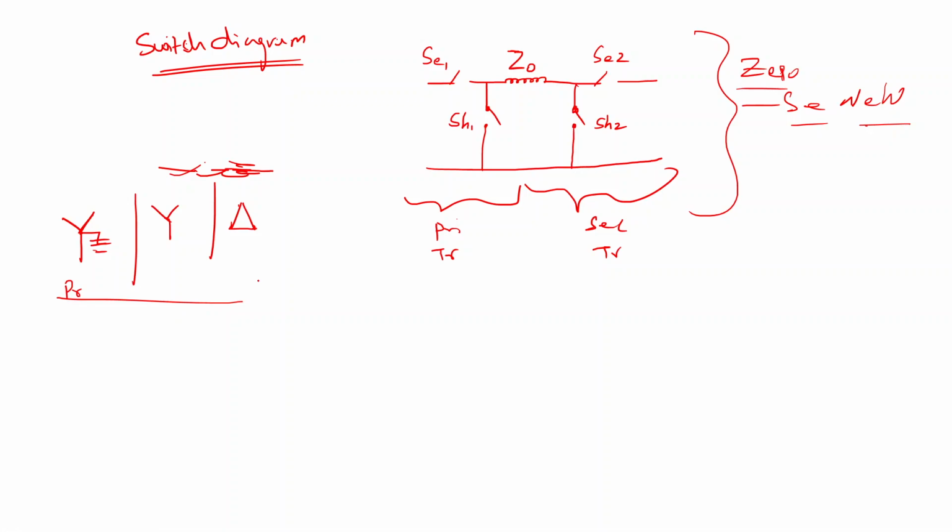Yes. So this may be the primary side and the secondary side. So this switch SE1, SH1, SE2, SH2 will have a value, whether it is open or closed, depending on the case.